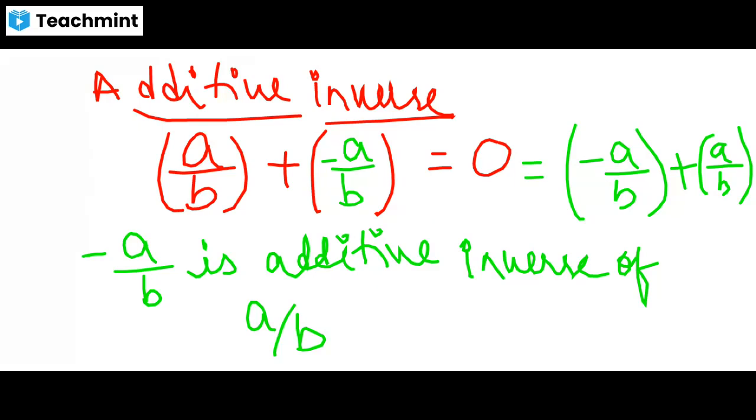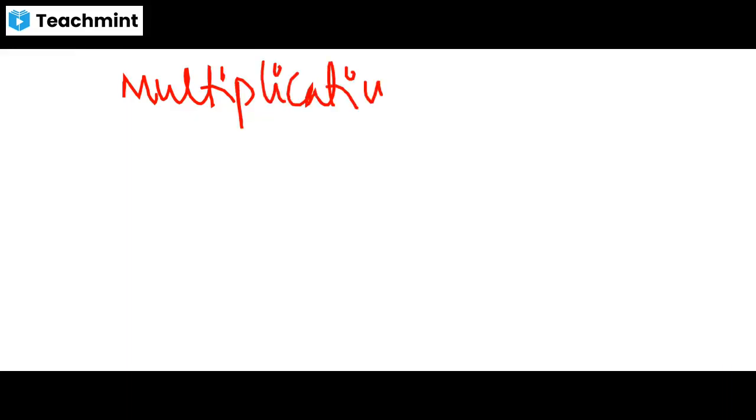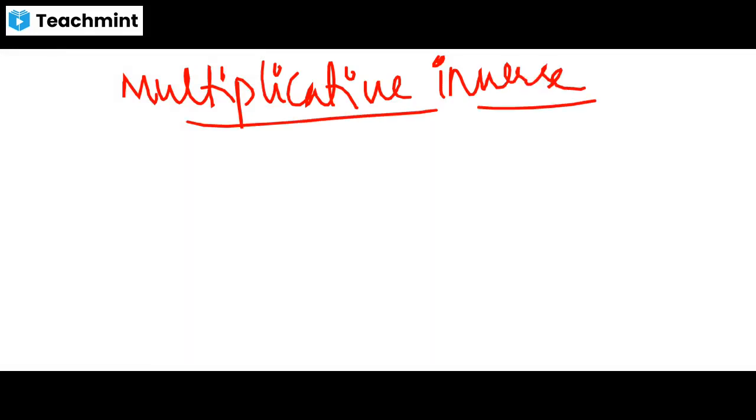Then one more property we have, multiplicative inverse. For any a by b, what should you multiply so that you get the answer as 1?